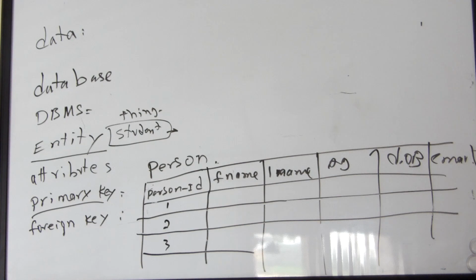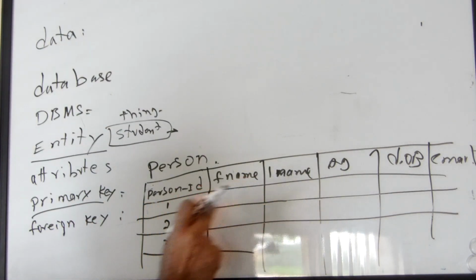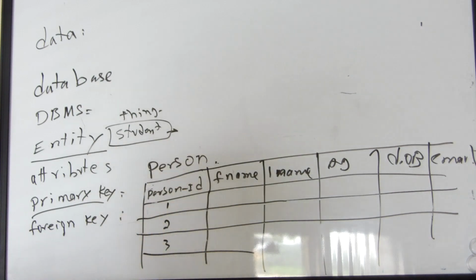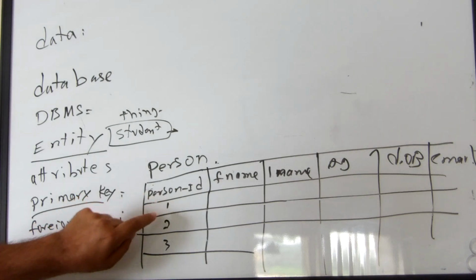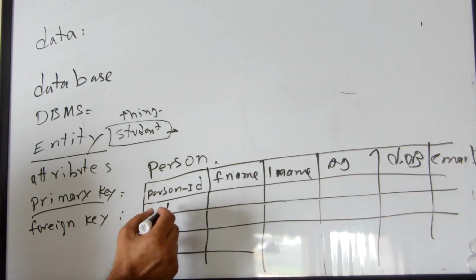What we are saying is that one of these columns is one that a similar value doesn't exist in. Person ID, there are millions of people here, and everybody has a different ID.